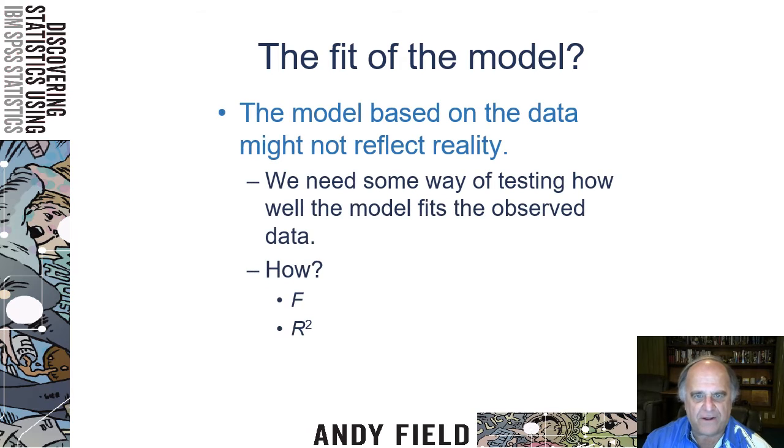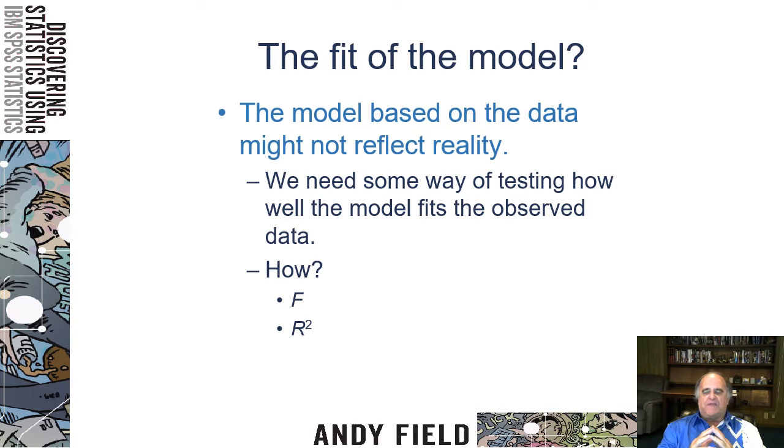The fit of the model. The fit of the model is based on the data, but of course, the model may not always perfectly reflect reality. In fact, it rarely does. And actually, in engineering, you might have almost perfect fits. But when you're dealing with people, your fit is usually going to be pretty poor. But we need some way of testing how well the model fits the observed data. We usually use either an F test.